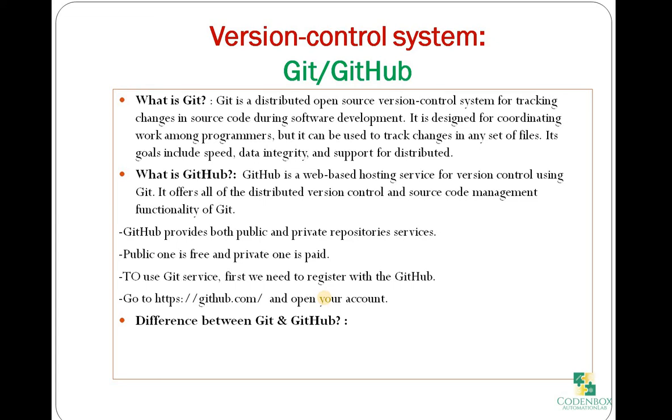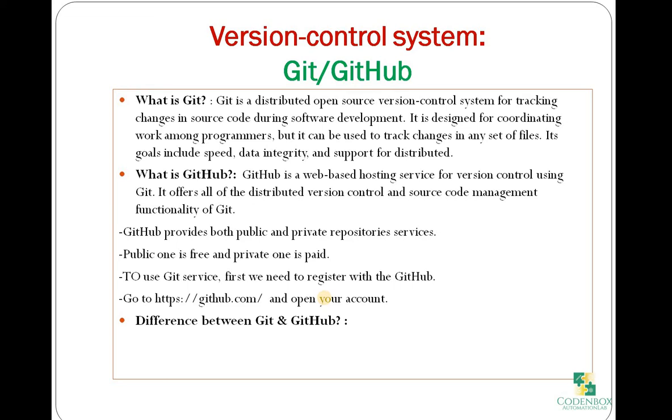As I said, public is free and private is a paid version. To use Git services, first we need to register with GitHub. GitHub is web-based, like a web server where it stores all the data.